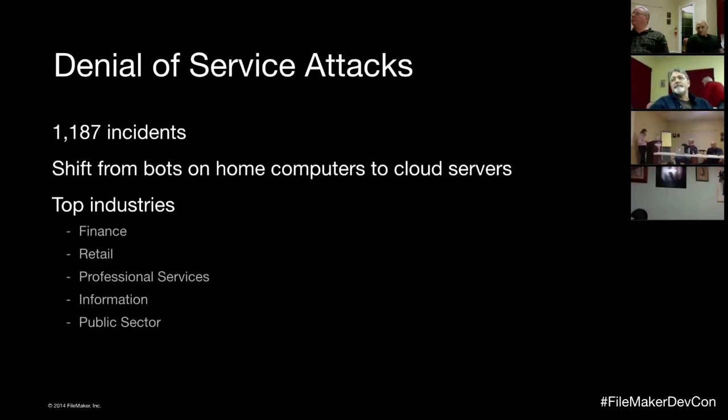There were about 1,200 incidents in 2013, and there's been a big shift from bots on home computers to hijacking cloud servers, Amazon hosted servers or Rackspace hosted servers and so on, because those machines have more horsepower behind them and bigger pipes to the internet, and they're not monitored very closely frequently. So they're easier to compromise.